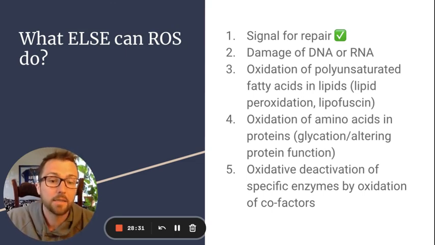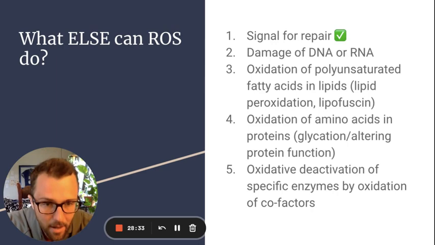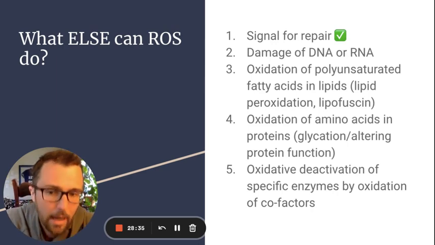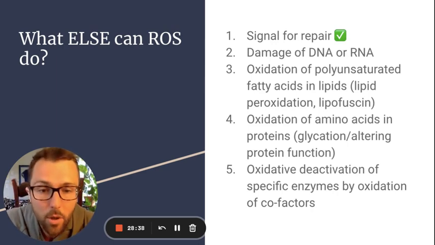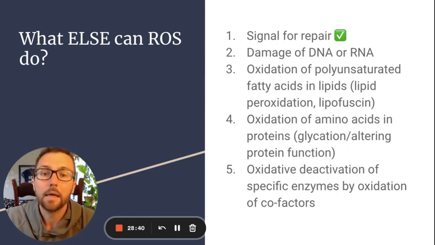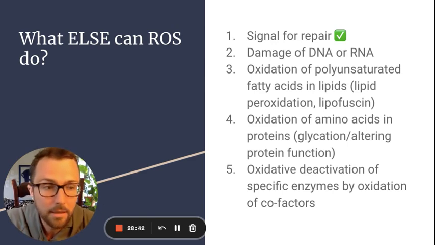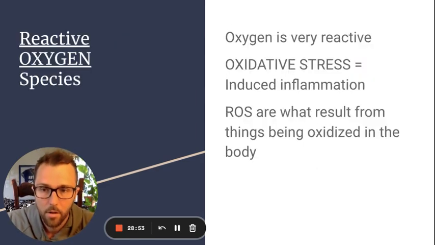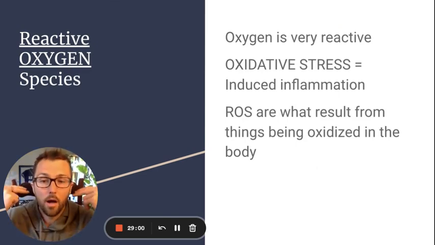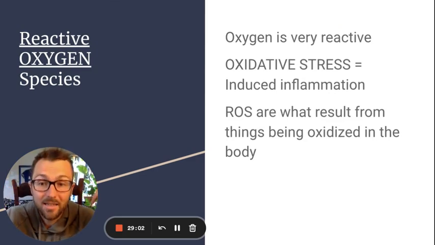And then oxidative deactivation of specific enzymes by oxidation of cofactors. Again, this is kind of an extension of that amino acid and protein function. Essentially, these guys are like Tasmanian devils, just leaving our cells not looking like what they looked like a minute ago before the inflammation got there. So, big point here, and a great thing to remember when you're thinking of oxidative stress.